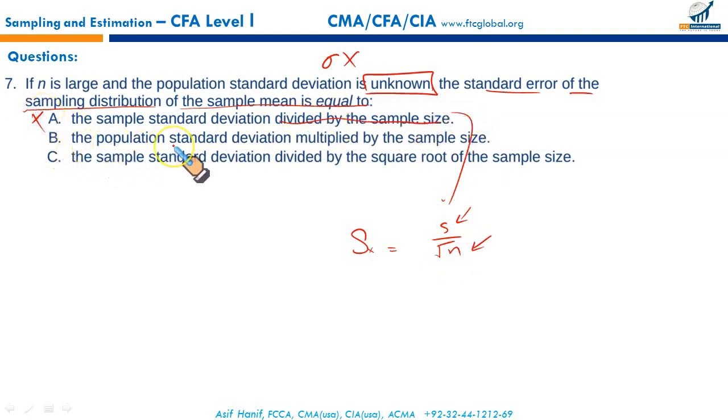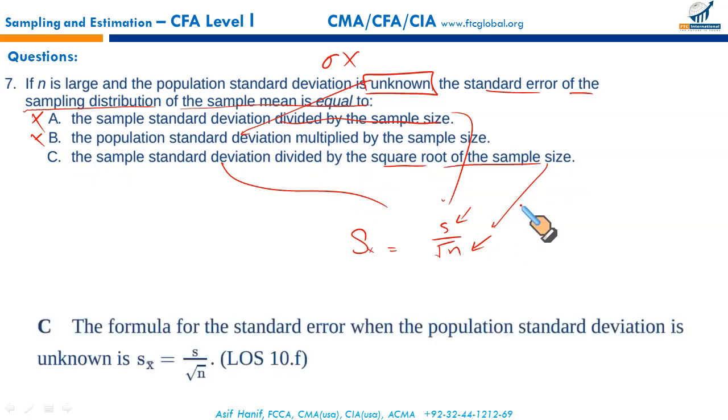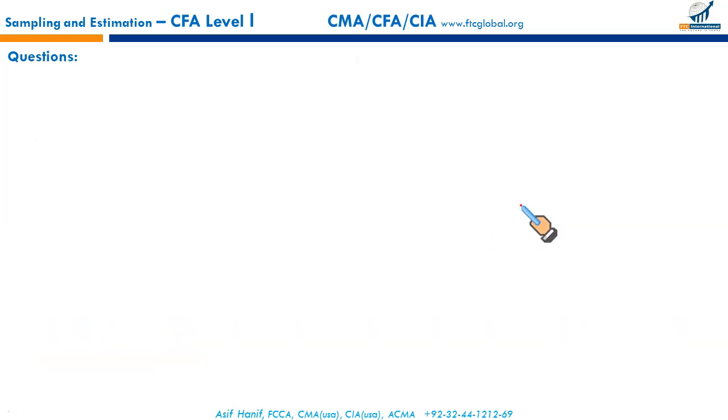B, the population standard deviation, we can't use this because we don't have population standard deviation. B is incorrect as well. What about C? The sample standard deviation, yes, divided by the square root of the sample size. So this is quite a straightforward question, but that at least reinforced the idea in your head. C.